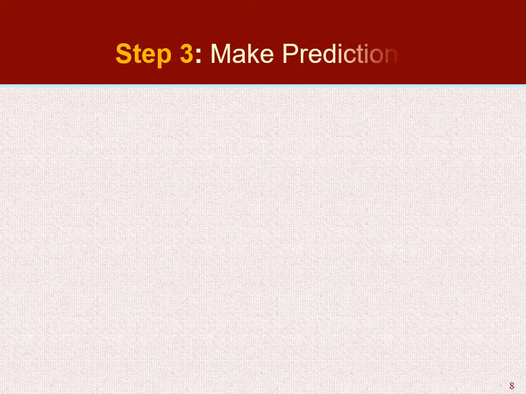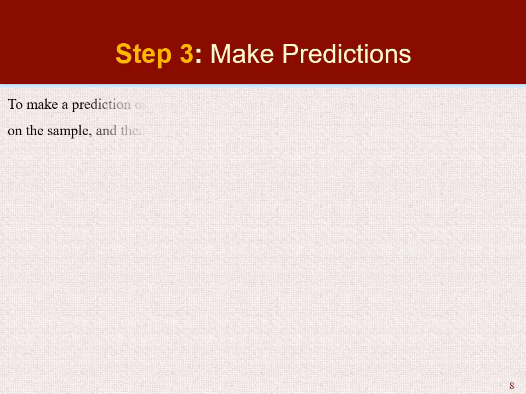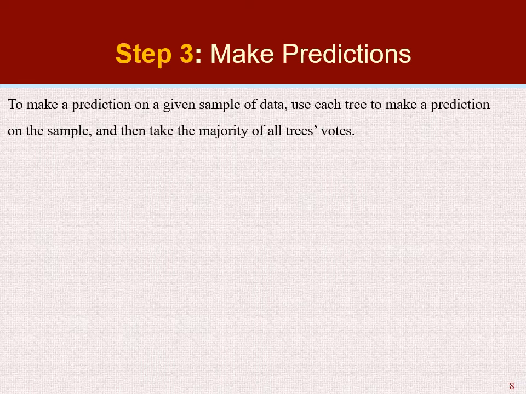After we have built our random forest, or should I say grown our forest, it's time to make predictions. To make a prediction on a given sample of data using your random forest, use each tree in your forest to make a prediction on the sample data and then take the majority of all trees' votes.